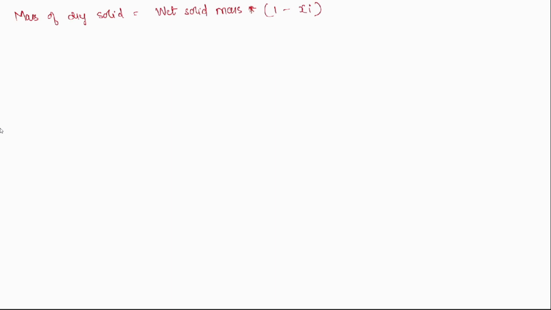So this moisture content xi is a fraction which we just got as 0.375. Whatever is remaining in the solid which is not moisture is basically the dry solid part. So just substitute these values. Wet solid mass is 16 kilograms and moisture content is 0.375. We'll get the mass of dry solid as 10 kg.